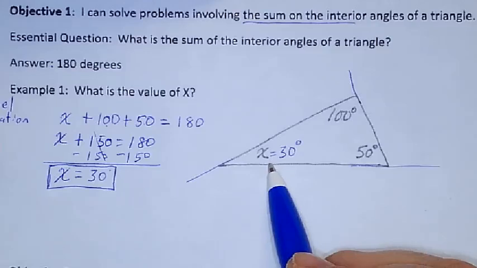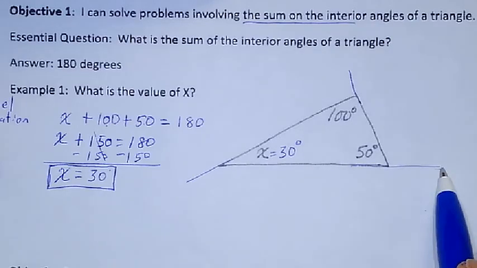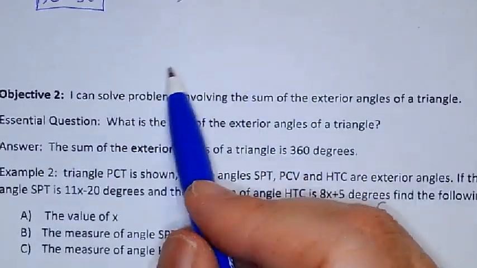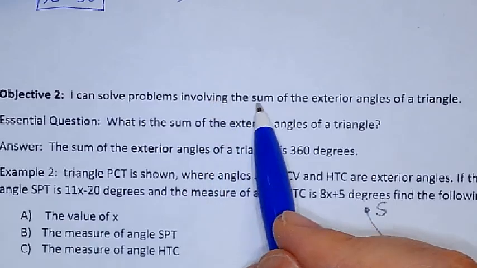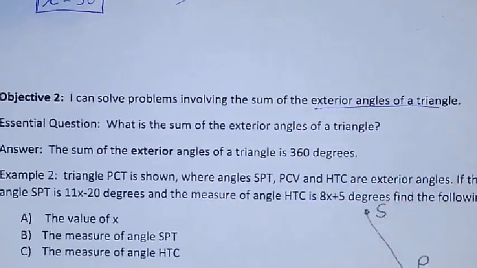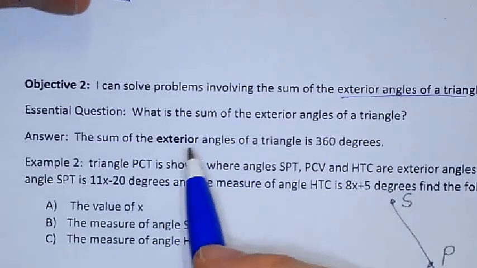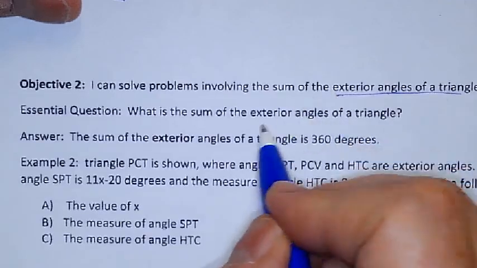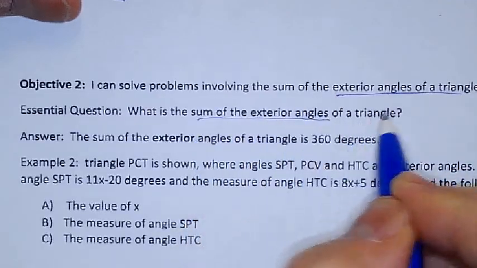An exterior angle is created by just extending a side beyond the triangle. If you look at objective number 2, it says I can solve problems involving the sum of the exterior angles of a triangle. The main concept is posed in the essential question: what is the sum of the exterior angles of a triangle?